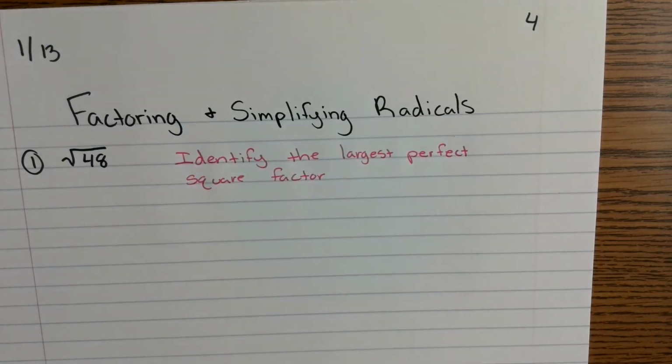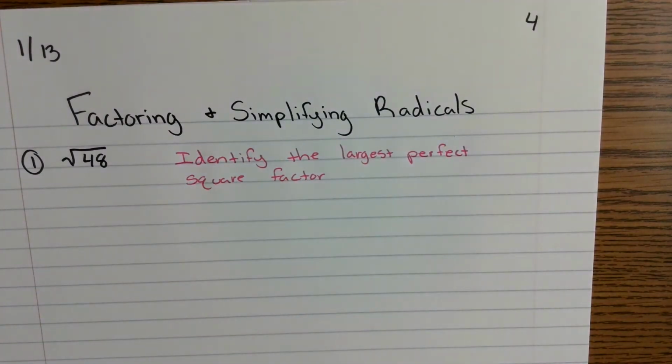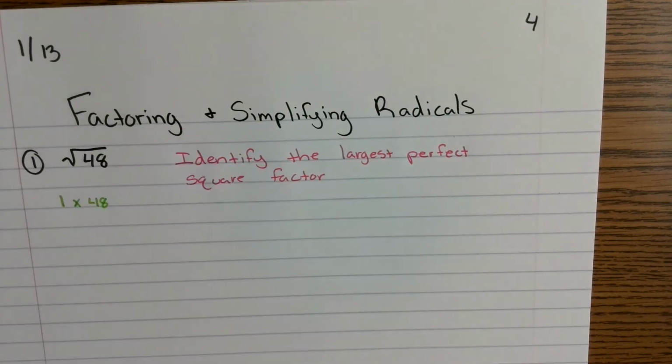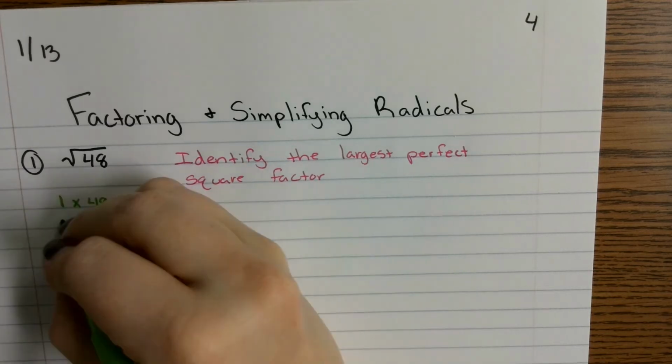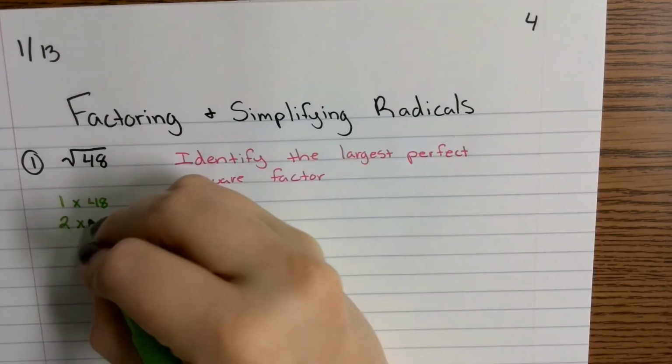So when we talk about factors, we're talking about numbers that you multiply together and they will equal 48. So obviously we have 1 times 48. Can 48 be divided by 2? Yes. 2 times what? 2 times 24.